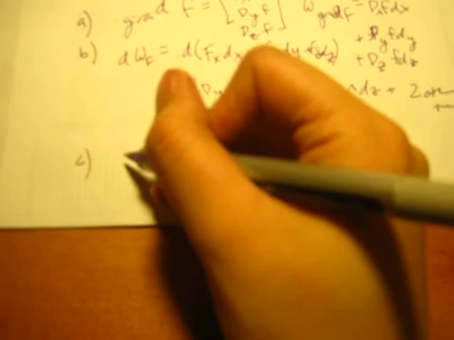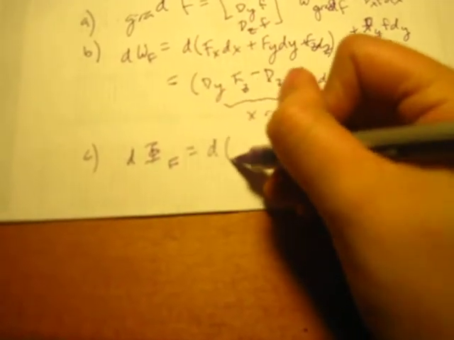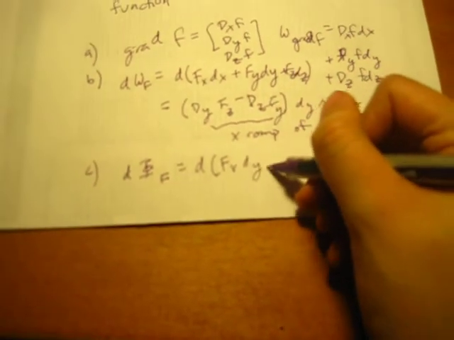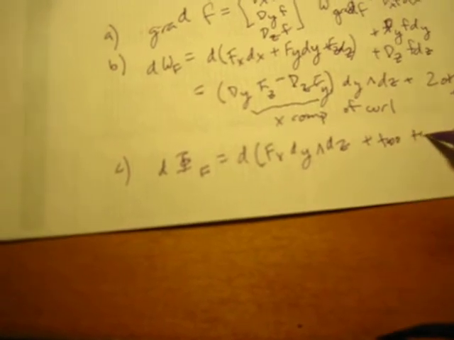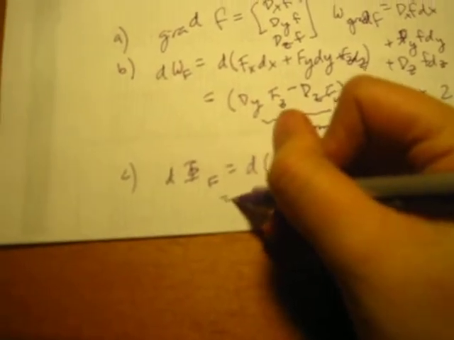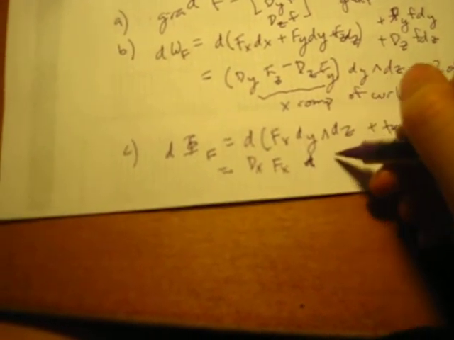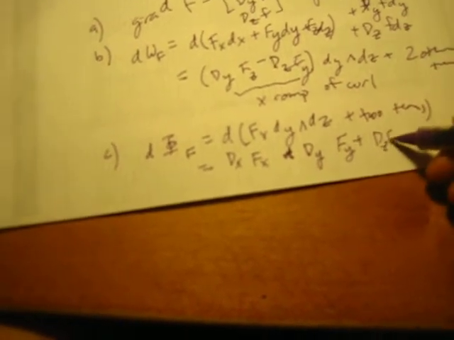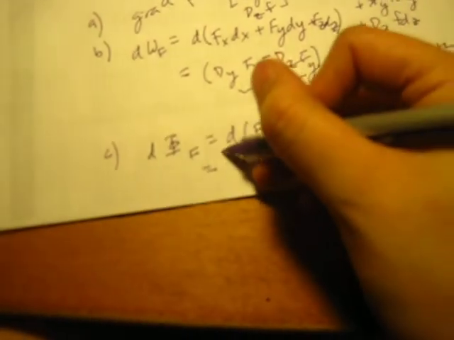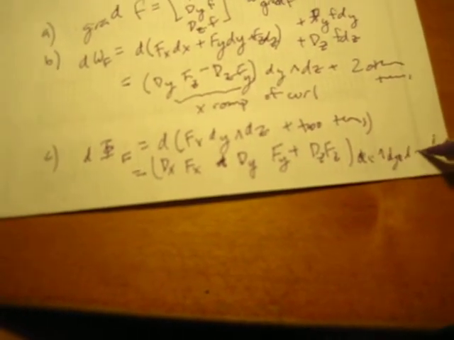And then the last thing that we need to prove is that if you take d of the flux, so the flux is f of x dy wedge dz plus 2 more terms, which equals dx fx plus dy fy plus dz fz of dy wedge dz, oh, can't really read that, but that's okay.